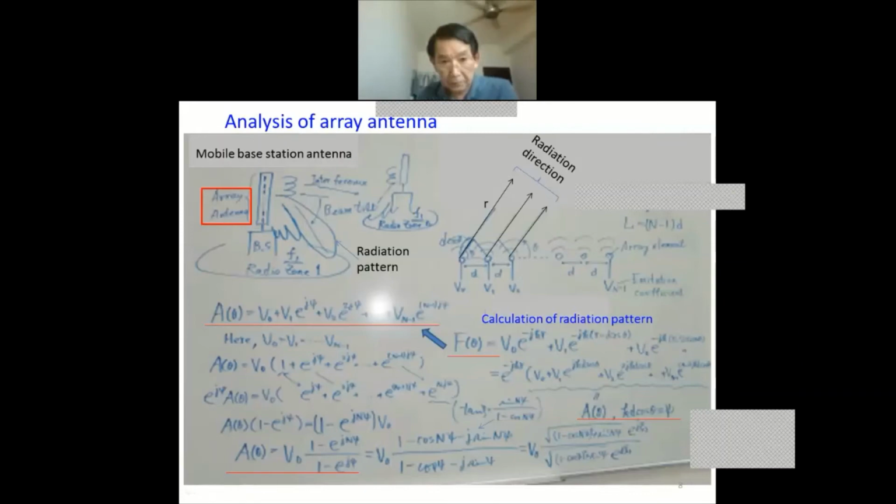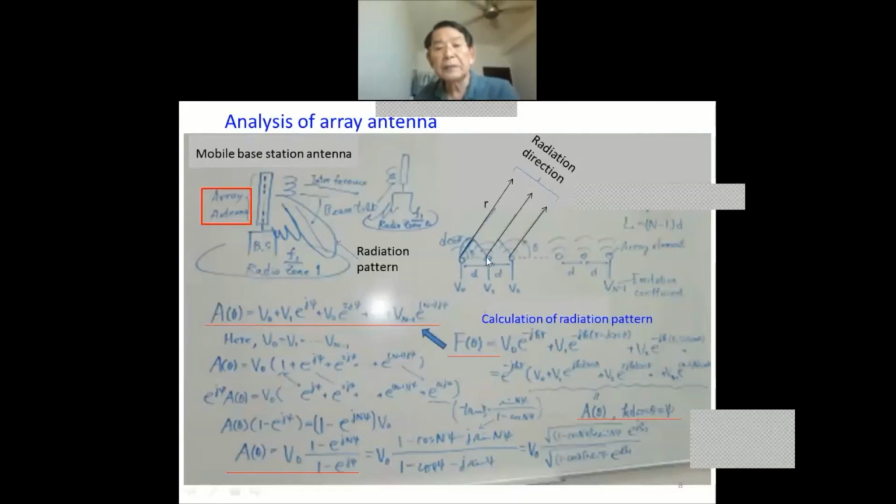If the distance from the first radiator is R, then its contribution to the radiation direction becomes V0, the excitation coefficient, multiplied by exponential minus jkR.